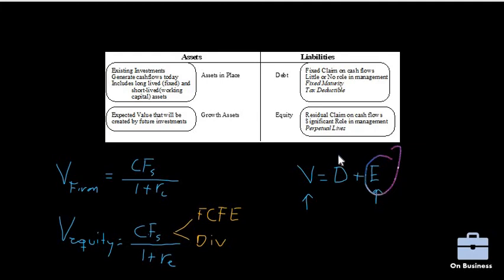But I have to be careful to use the same debt that I used to calculate cash flows, and that I use the same debt to calculate the numerator and the denominator.